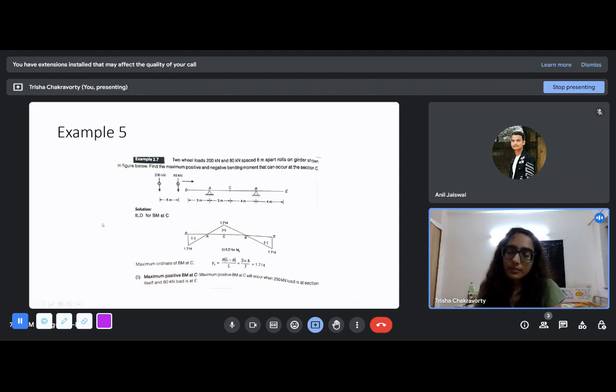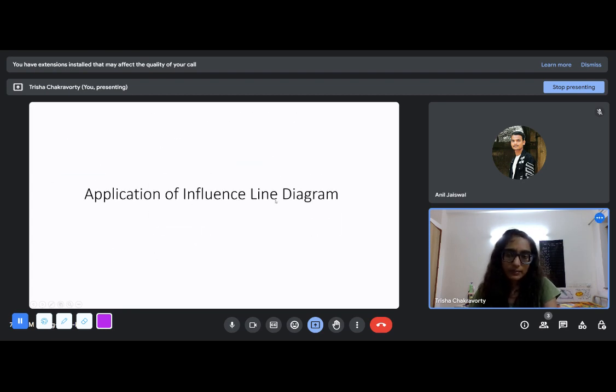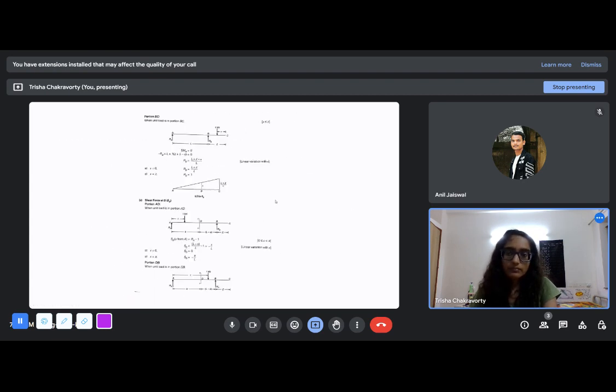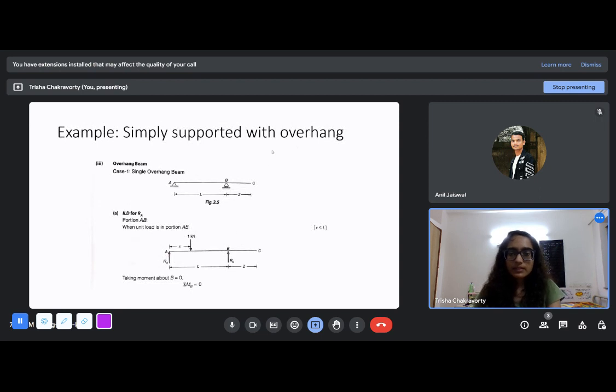You take the ILD for bending moment at C. If you draw this, you will see that it looks like this, and by the time you have a bit of experience, you will know that this will look like this, like we drew the bending moment diagram for a simply supported beam with one overhang. See, this is our simply supported beam with one overhang.